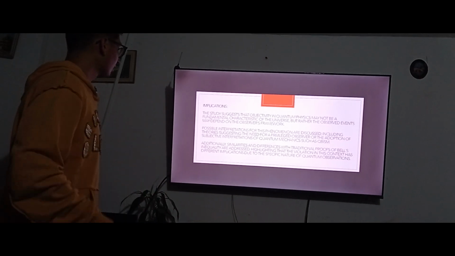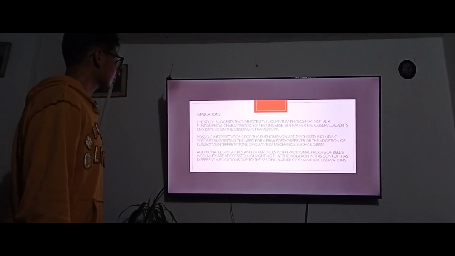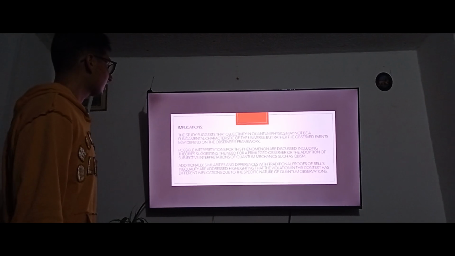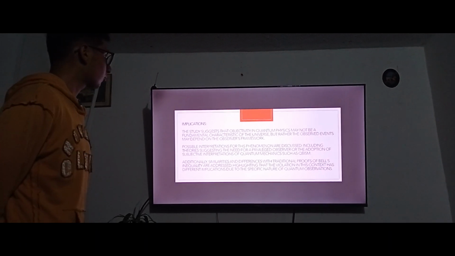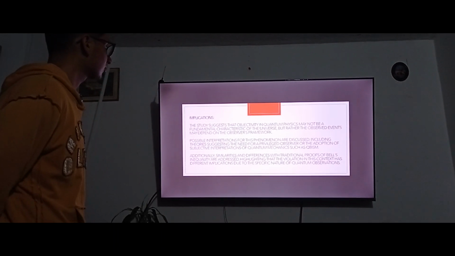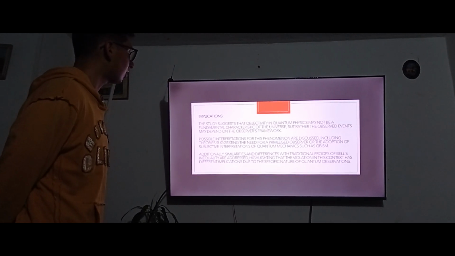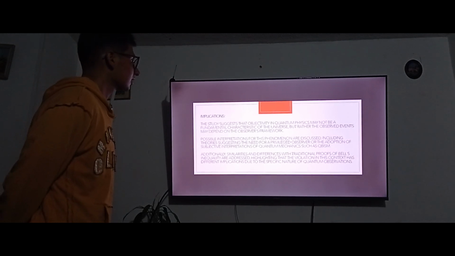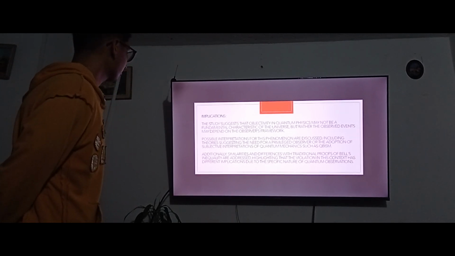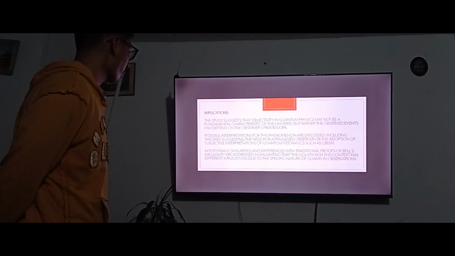Implications. The study suggests that objectivity in quantum physics might not be a fundamental characteristic of the universe, but rather the observed events might depend on the observer's framework.